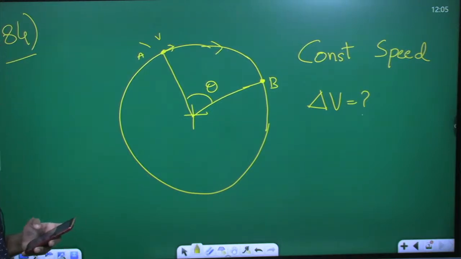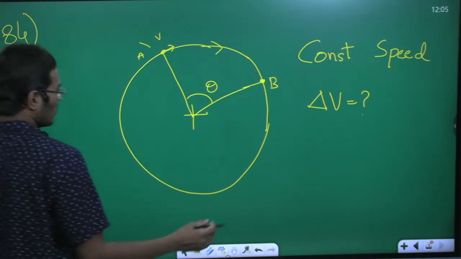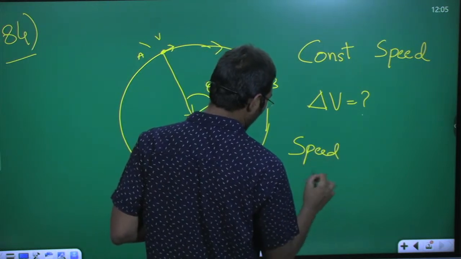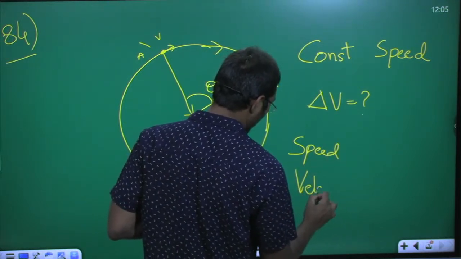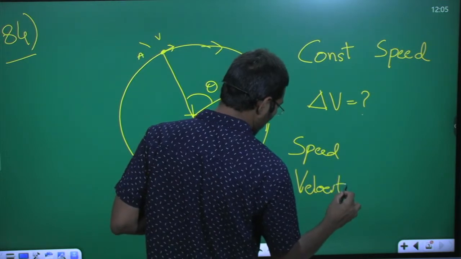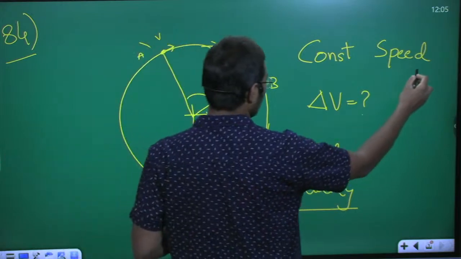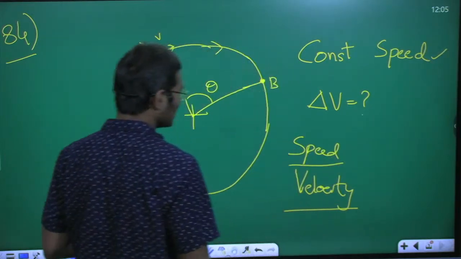It is being said that it moves at constant speed. So what is the difference between speed and velocity? Let's try to look at that first. Here in the question it is said constant speed, and it is being asked the change in velocity.